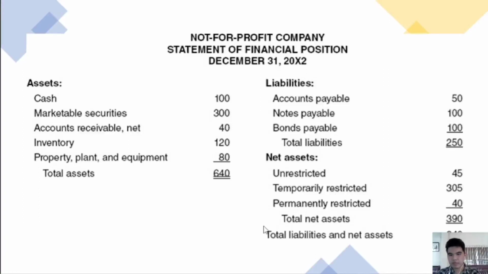However, something unique in this not-for-profit company is their net assets. They are classified as unrestricted, temporarily restricted, or permanently restricted. As you can see, net assets are categorized into three, and the total net assets is equivalent to the sum of the unrestricted, temporarily restricted, and permanently restricted net assets.